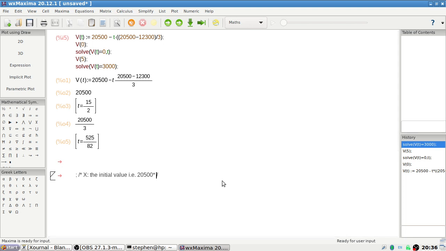And then the y-intercept, that is 7.5 years, meaning the time taken for it to become worthless. Okay. What is it worth after 5 years?